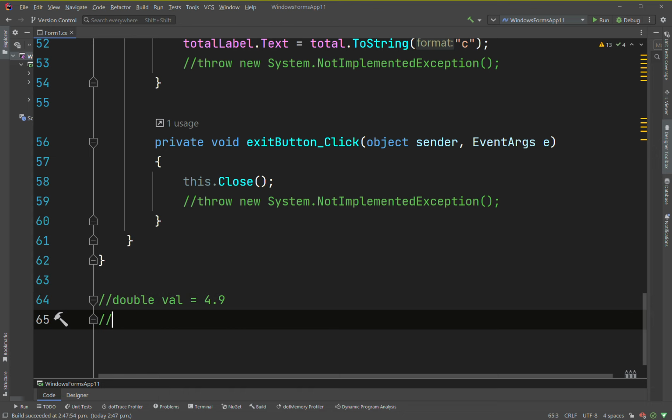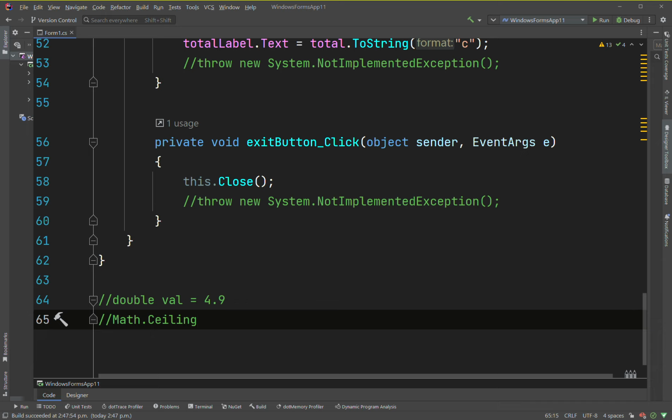Then we call Math.ceiling, sorry, there's a capital M on that, because C# requires capitals for a lot of stuff that Java doesn't.